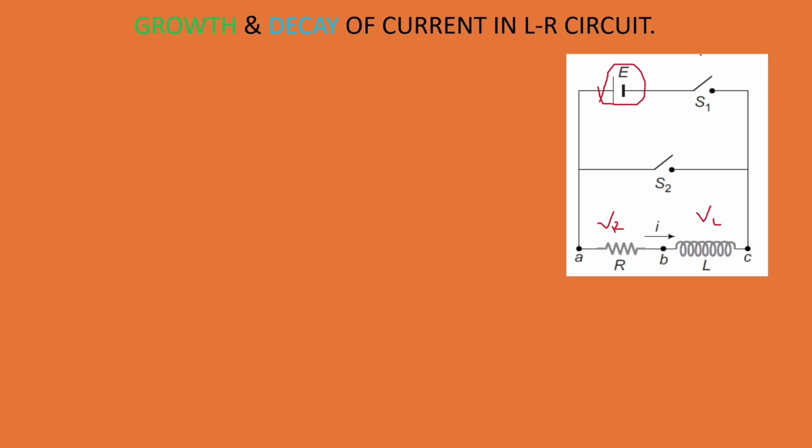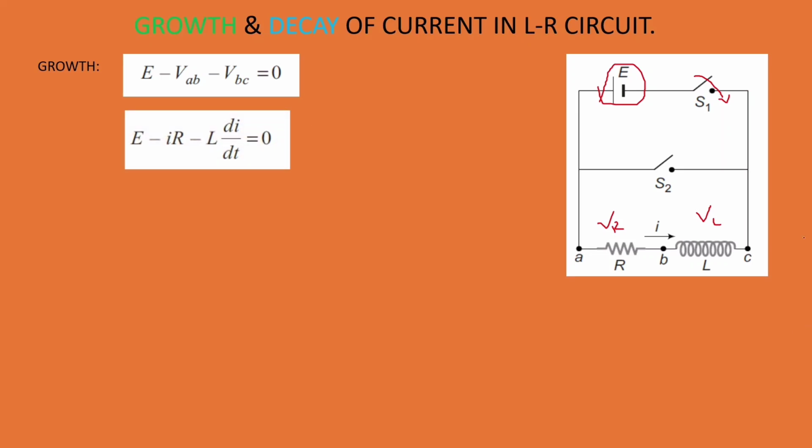Now when we close this circuit, a current flows through it and we are going to write the KVL. So this is the KVL: E minus VAB minus VBC equals 0.